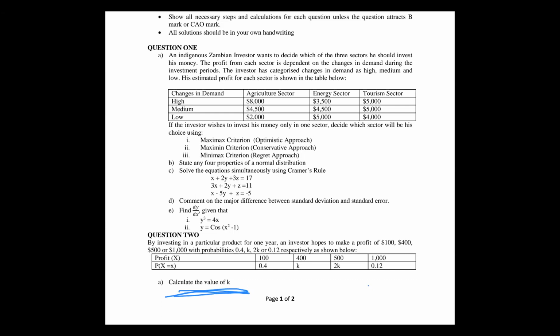These are probabilities, okay? We know that all the probabilities within the experiment should sum up to 1. Did you get that? 1 represents 100% certainty. 0 represents that we are sure we cannot achieve what we are expecting.